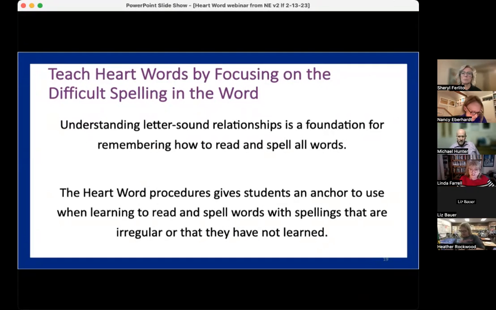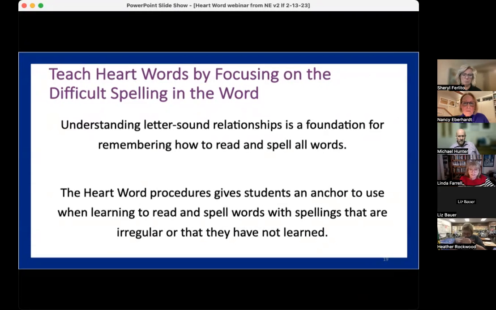And they have to understand that letters have a sound that they spell. So if children don't have phonemic awareness, and if children don't know at least, like in two, the letter sound T, it's not going to work, because O is the heart word, because it isn't spelled like we expect it.